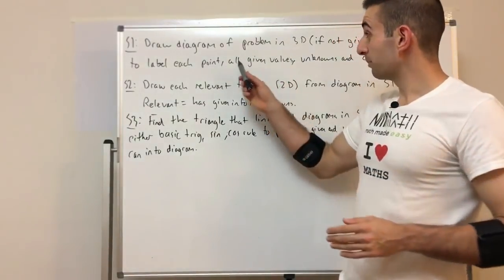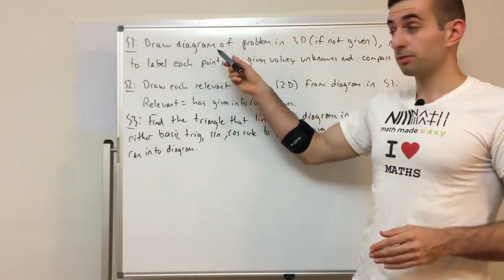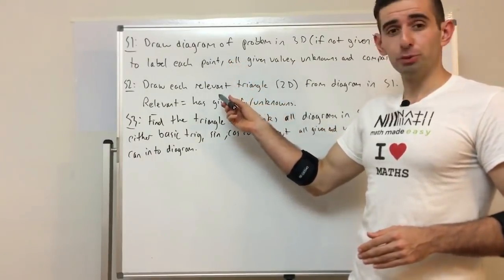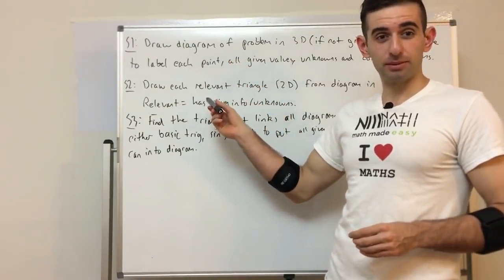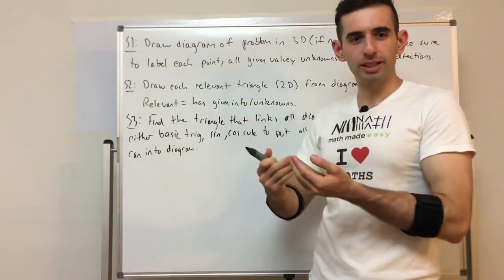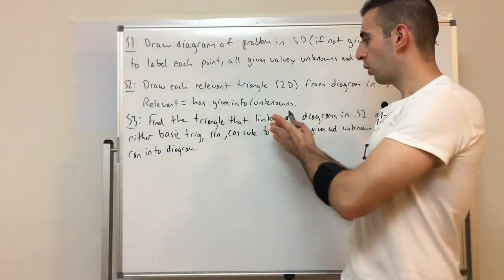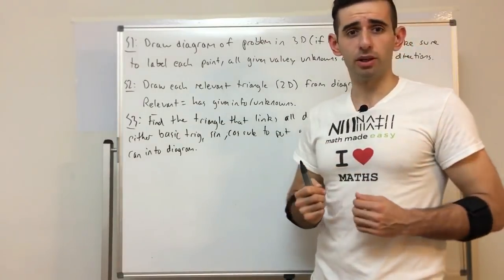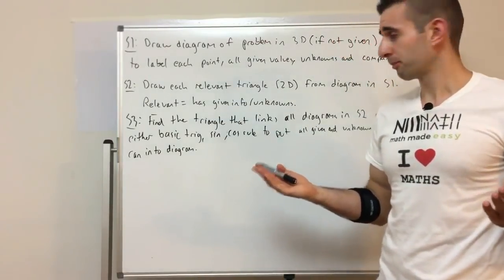So this is why it's important to label each point, because if you label each point, you'll be able to see which triangles link properly, which sides and angles go together. And then it's just a combination of basic trig like your SOH CAH TOA or the sine and cos rule. They're the only things we've got to find sides and angles.